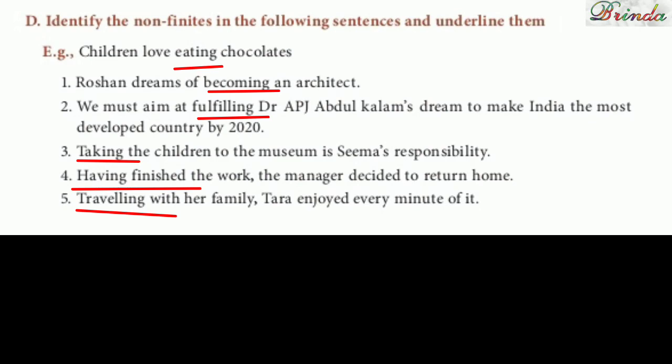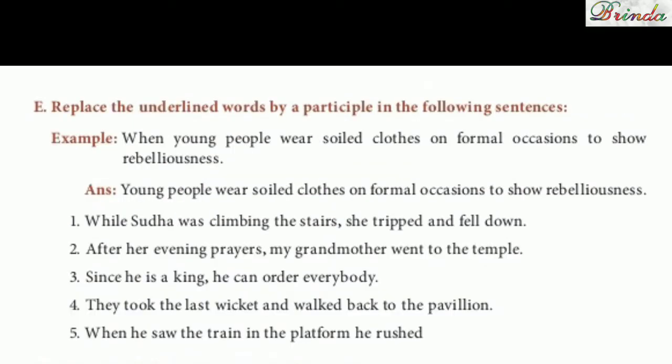Fulfilling. And you can write to make. Third one, taking the children to the museum is Seema's responsibility. So, taking. Fourth one, having finished the work, the manager decided to return home. Having finished. Fifth one, traveling with her family, Tara enjoyed every minute of it. Traveling. Fine, children? Okay, moving on to the next section.